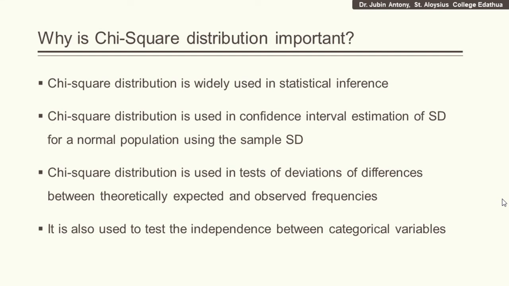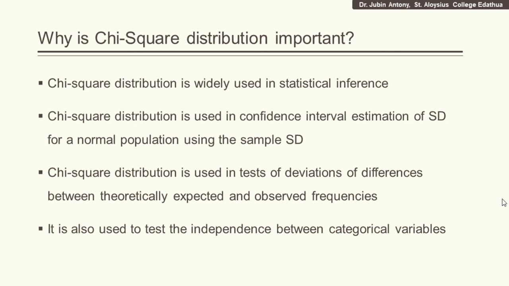Now, why is chi-square distribution so important? The chi-square distribution is widely used in statistical inference. It is used in confidence interval estimation of standard deviation of a normal population using the sample standard deviation.